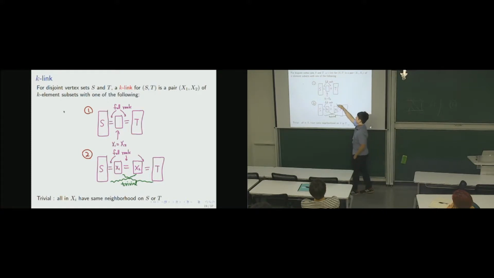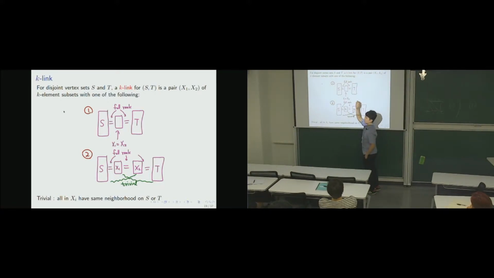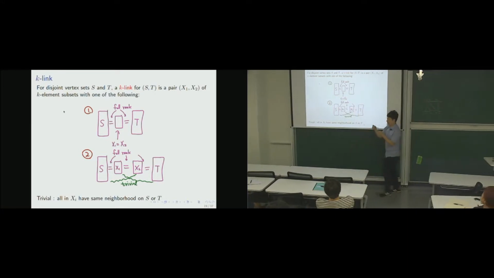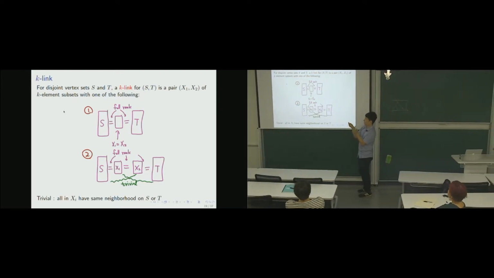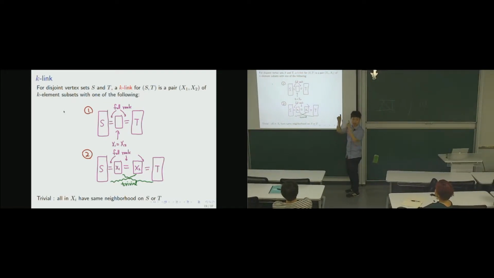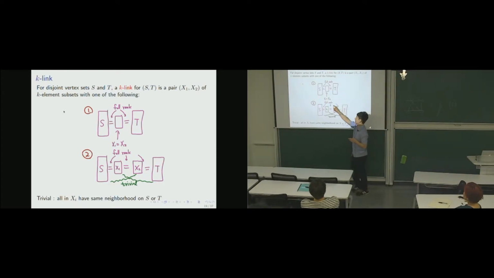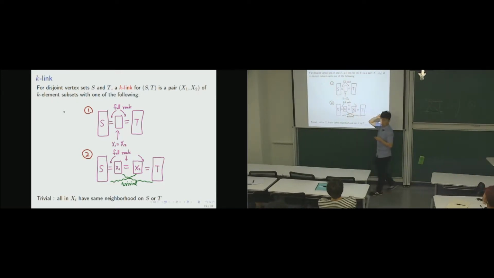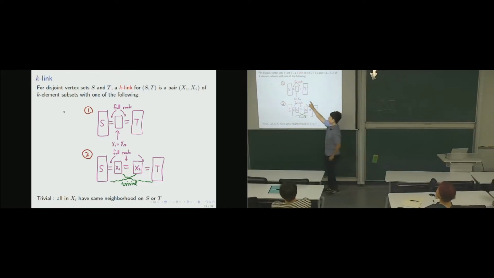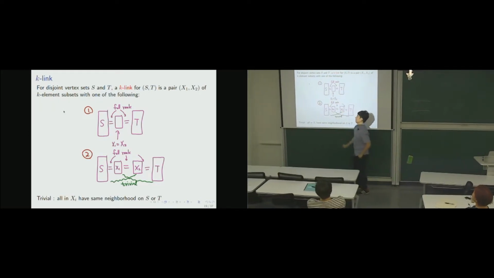One is that you might have X1 equal to X2, and then the rank between X2 and S is full. Here full means that we can assume S and T are much larger than k. This full rank means that the rank is just k, because the size of this set is k, right? And then the rank between this set and T is also k.